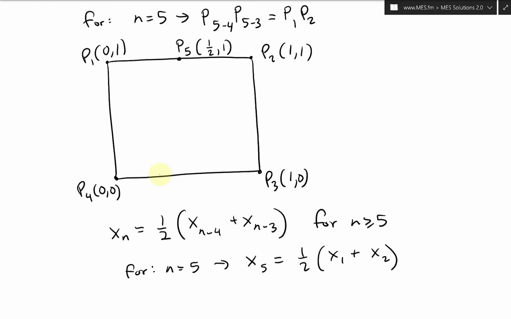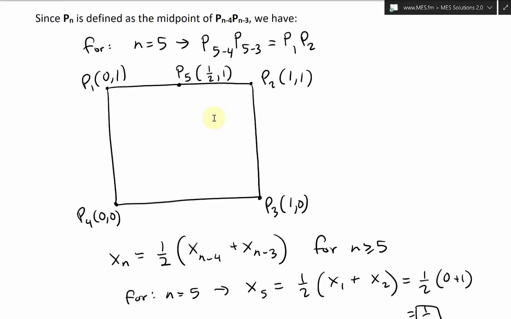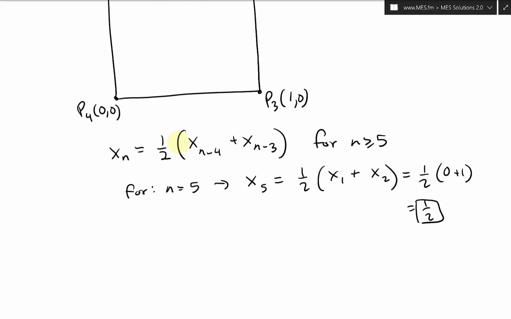This equals 1/2 times 0 plus 1, so we just get 1/2, as we already had in between here. That's our 1/2 right there. I just wanted to illustrate that was the halfway point, and there's our 1/2.